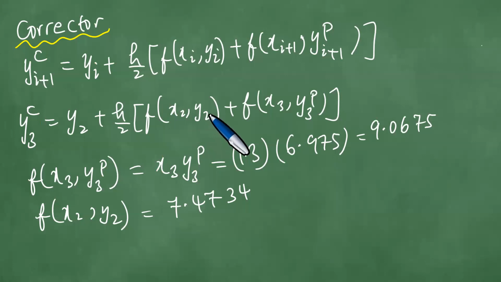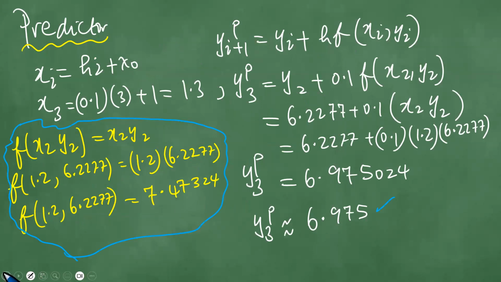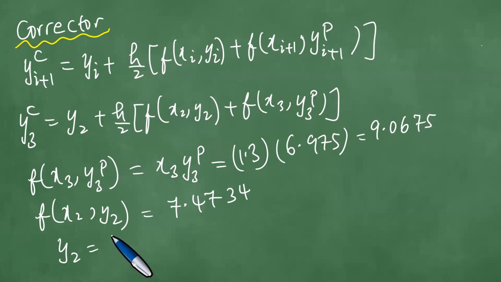So we got this f of x2, y2. We have h is 0.1. And then we have also y2. What did you get y2 to be? It's 6.2277. Okay, it's easy to get mixed up here. So we got everything now, and we can get y3 of the corrector.